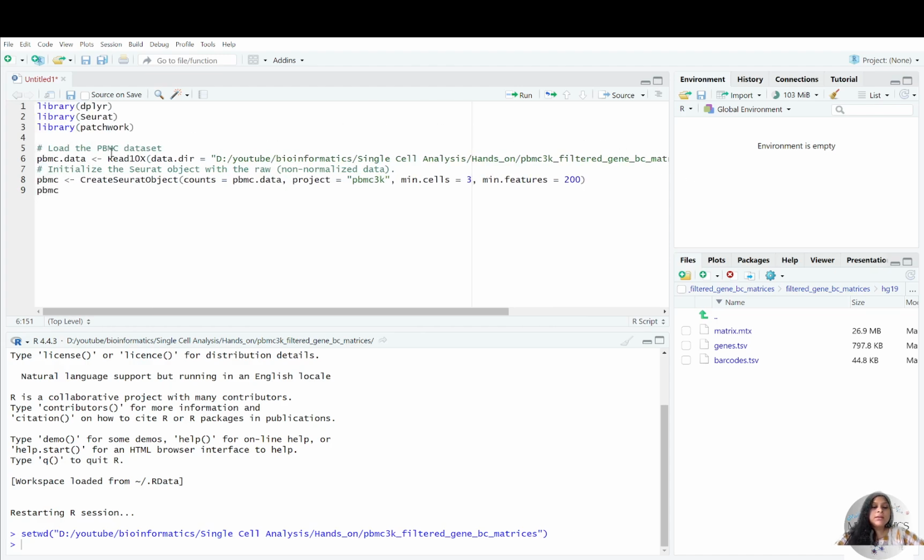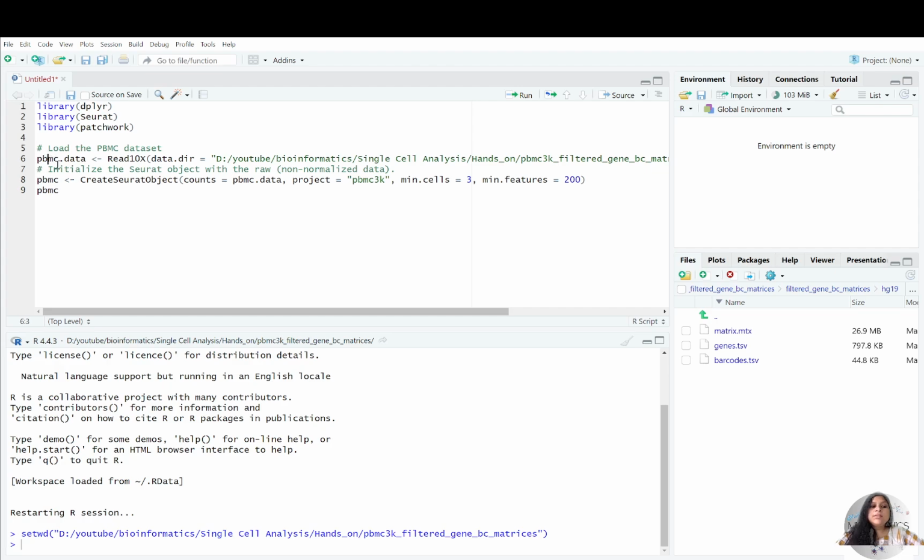Now, this is the function where you read from 10x. The 10x Genomics is a platform giving us the data set. So for reading such a data set from 10x Genomics, this is the function that you use, Read10X, and the directory path is this one.